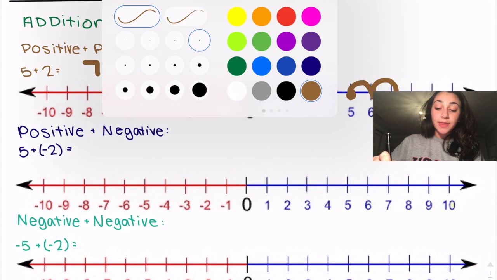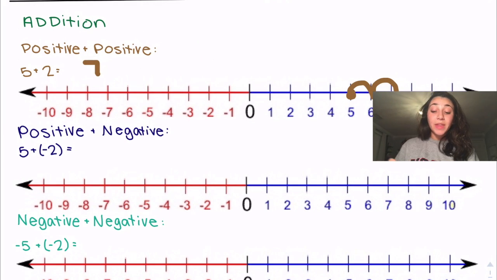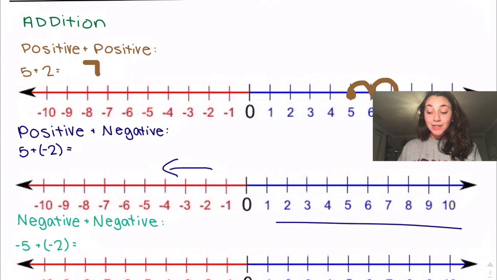Now this is when things are a little different than what you're used to. A positive plus a negative number. As we know, a negative number is to the left of 0 and a positive number is to the right of 0. So when you're adding a negative number to a positive number, you're really moving left on the number line.